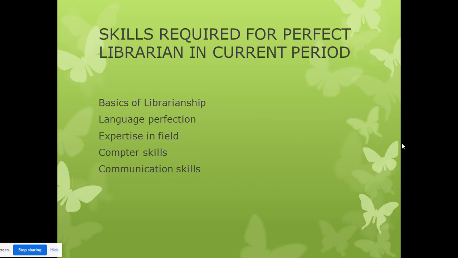This is very important for a librarian, that he should communicate with his or her users, because by communicating, you will know what their desires, needs and requirements are for their own usage. So we will know through communication.